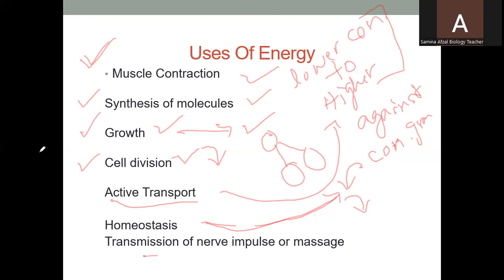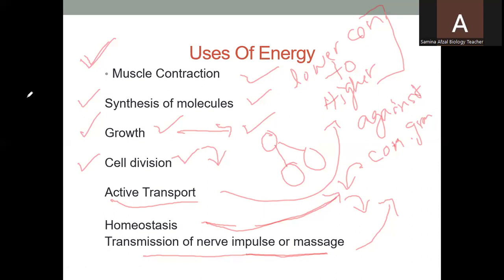And transmission of nerve impulses or messages: the transmission of nerve impulses from different parts of the body towards the central nervous system, or from the central nervous system towards the effectors. All this needs energy. So energy is obtained from respiration. In this way, the energy which we get from respiration can be used in different processes.